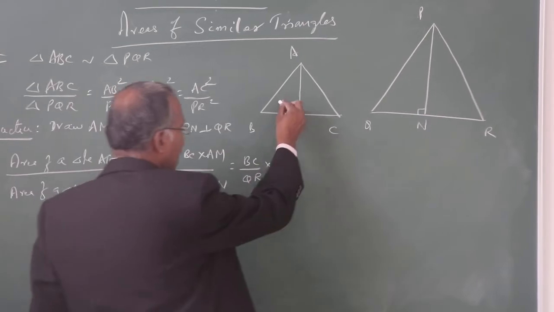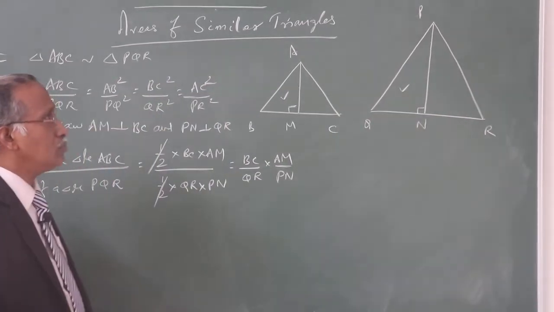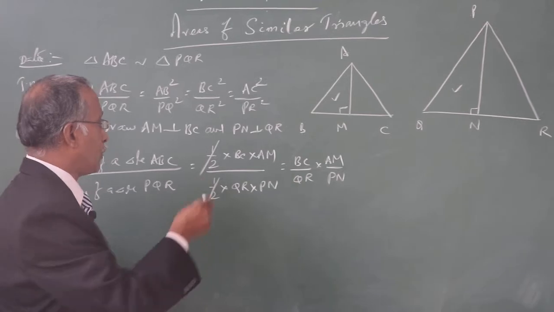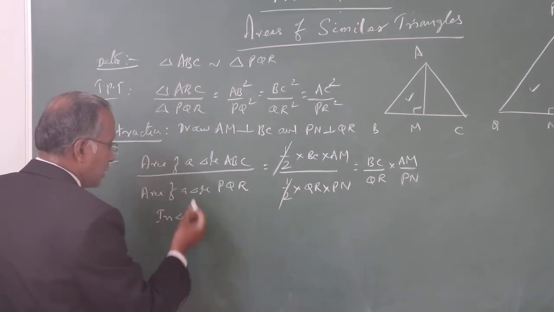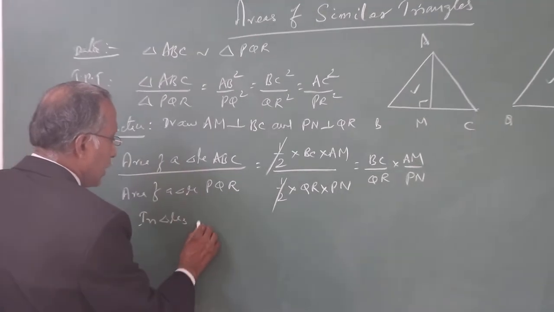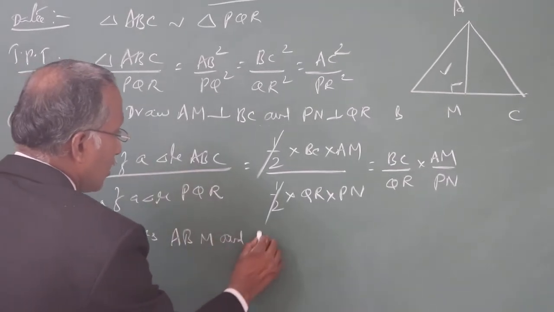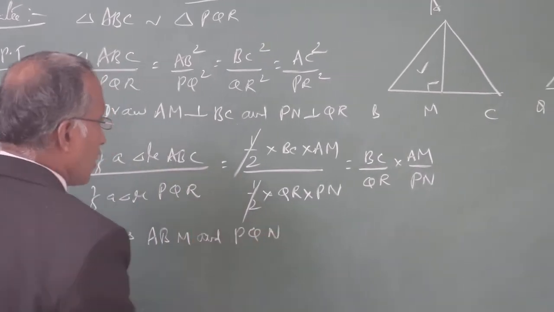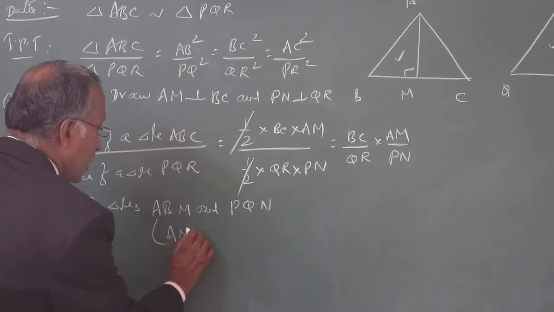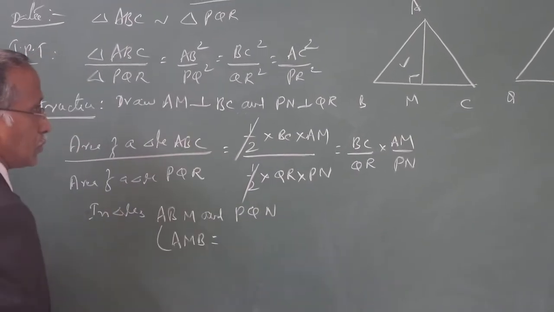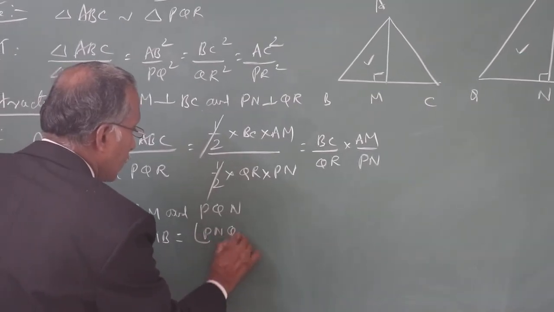Now let us compare these two triangles ABM and PQN. In the triangles ABM and PQN, you know that angle AMB is equal to angle PNQ.